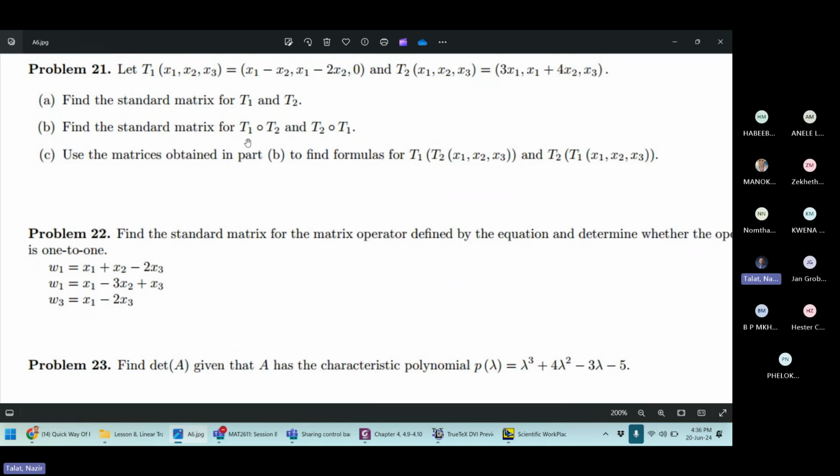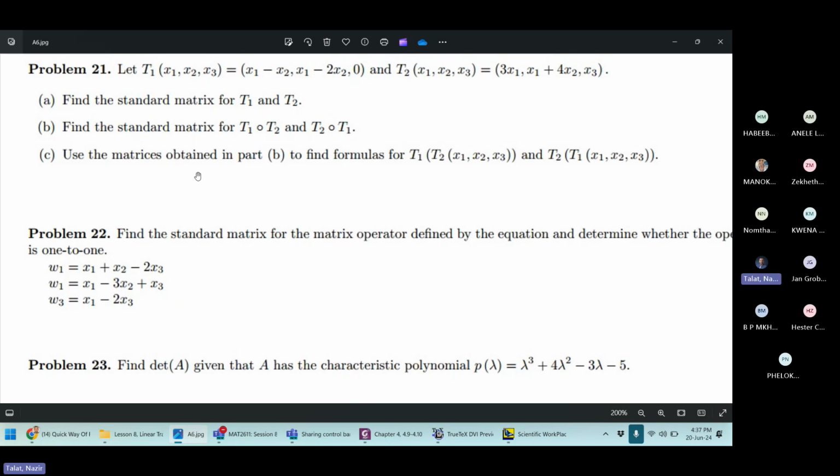Remember that, as we know, the product A multiplied by B is not always equal to B multiplied by A. Similarly, T1 o T2 is not always equal to T2 o T1. And remember, when you multiply the matrices, write T1 first and T2 second, because if you interchange them, it will make a problem, since they do not always commute. We know that 1 multiplied by 2 is the same as 2 multiplied by 1, but this commutation does not hold for matrices.